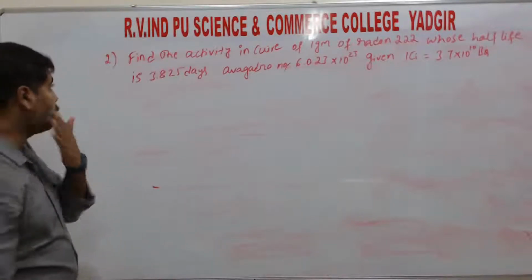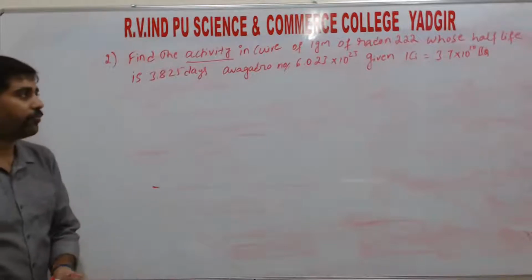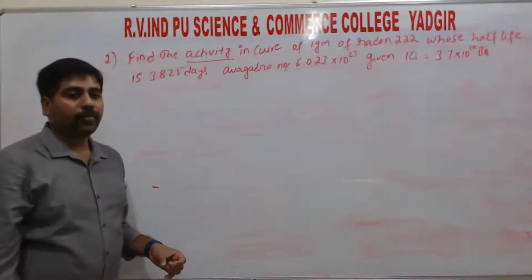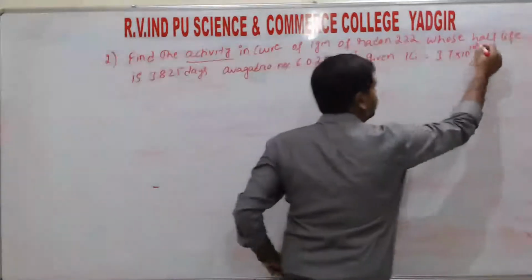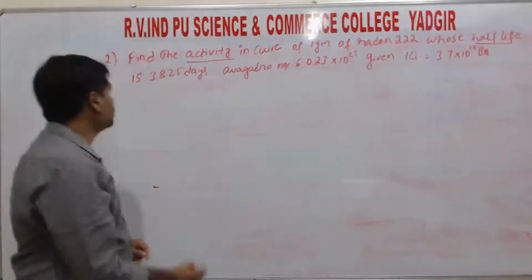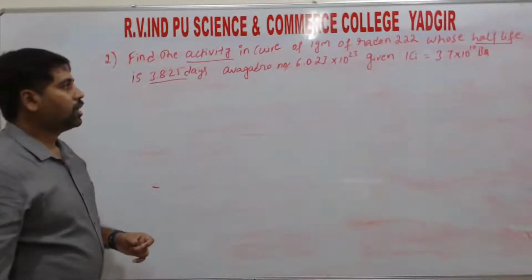Right, so here we need to find the activity. In the last problem, they had given the activity, and from that we found the half-life and mean life. So here we need to find the activity. They have given the half-life, right? So T half they have given, that is 3.825 days. They have also given the Avogadro number, right?